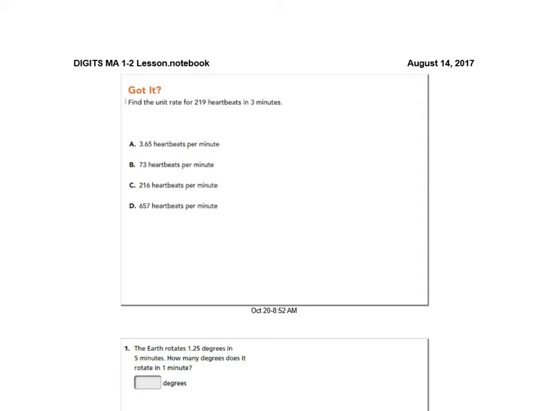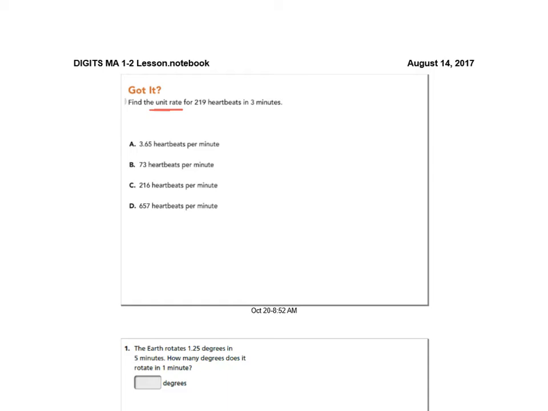All right, so now we're going to try to find the unit rate for 219 heartbeats in 3 minutes. Now, since it says unit rate, we know that eventually our rate is going to need to be over 1. Our unit rate has to have a denominator of 1.